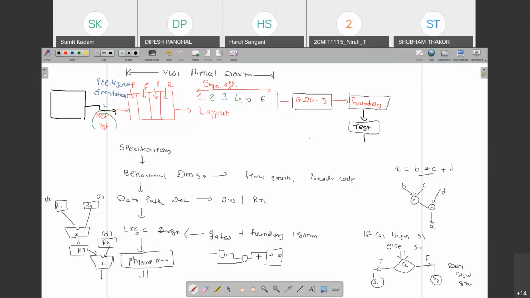If it is gate level design, we can definitely go for the transistor level design, something like this. Once we have this transistor level design, definitely we go for the layout like this.